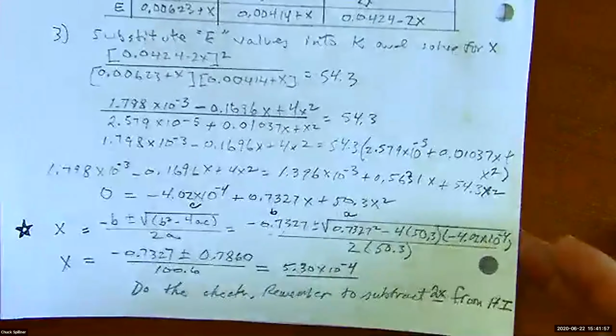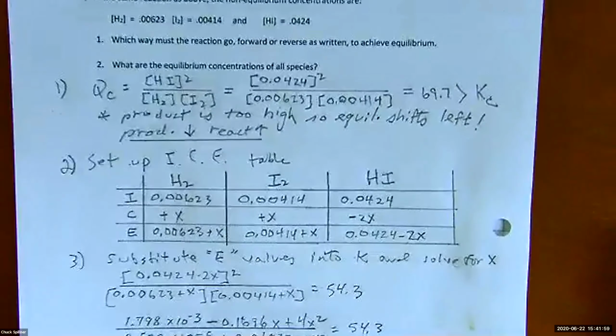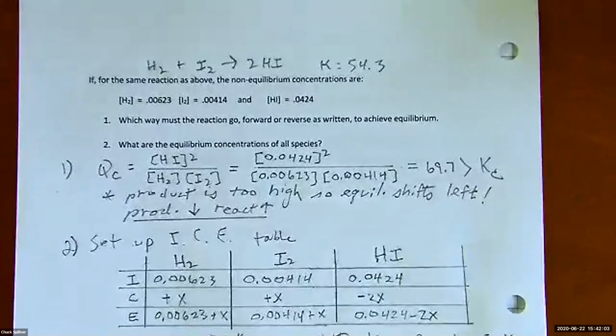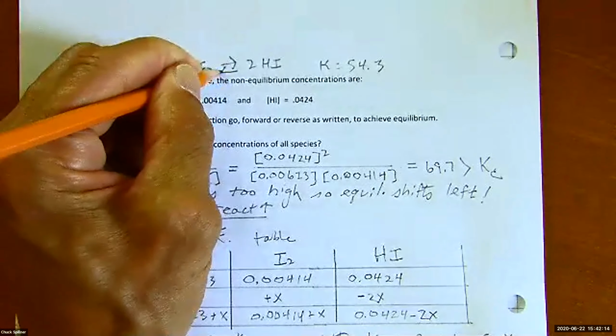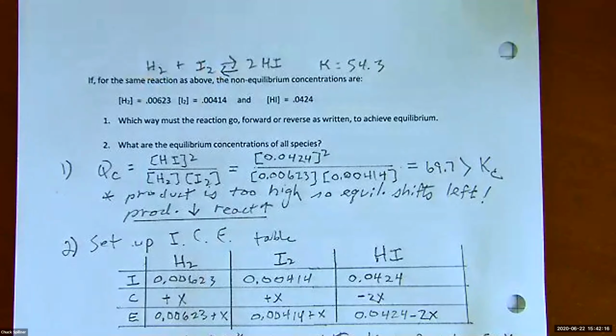Now in the next problem, it's the same reaction, H2 plus I2 is in equilibrium with 2HI, and I should have two arrows here, an arrow going back and forth, since it's an equilibrium reaction. K is 54.3.